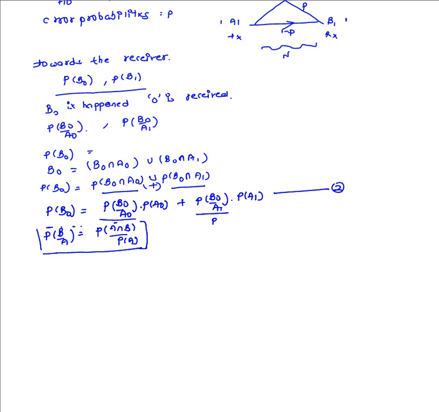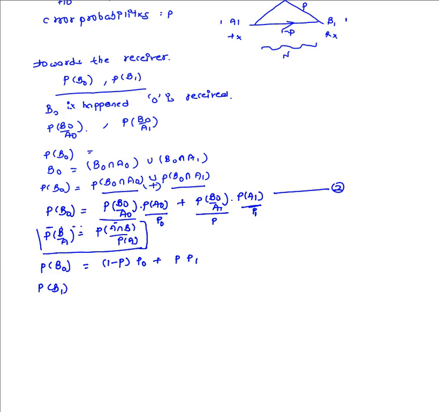And P of a naught, earlier we have seen the probability of transmission of 0 as P naught, and probability of transmission of 1 as P1, which is completely dependent upon the information, not affected by the noise, because the transmitter is even before the channel where the effect of noise has not yet started. So rewriting the above equation 2, P of b naught can be written as 1 minus p into P naught plus p into P1.